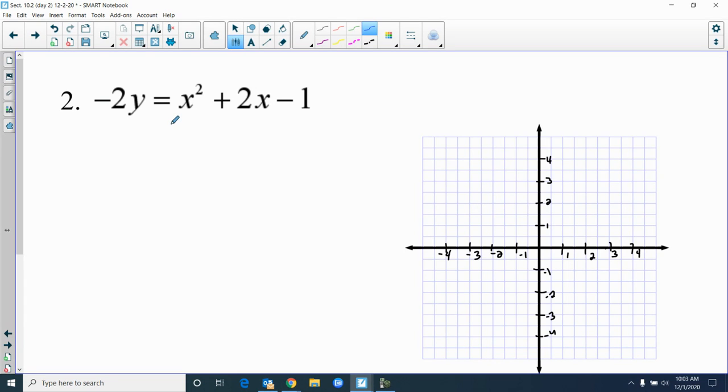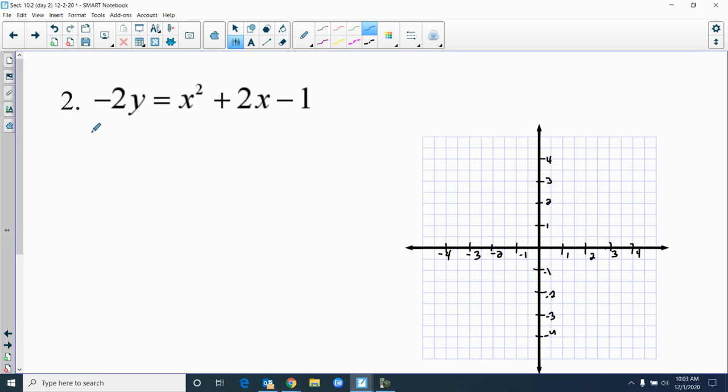Now we're dealing with the cases where they don't give it to us in that nice form. We have to make it in that nice form, where we can identify the vertex, the directrix and the focus. Now, for a parabola, only one of the variables can be squared. Here x is the variable that is squared, y is not.